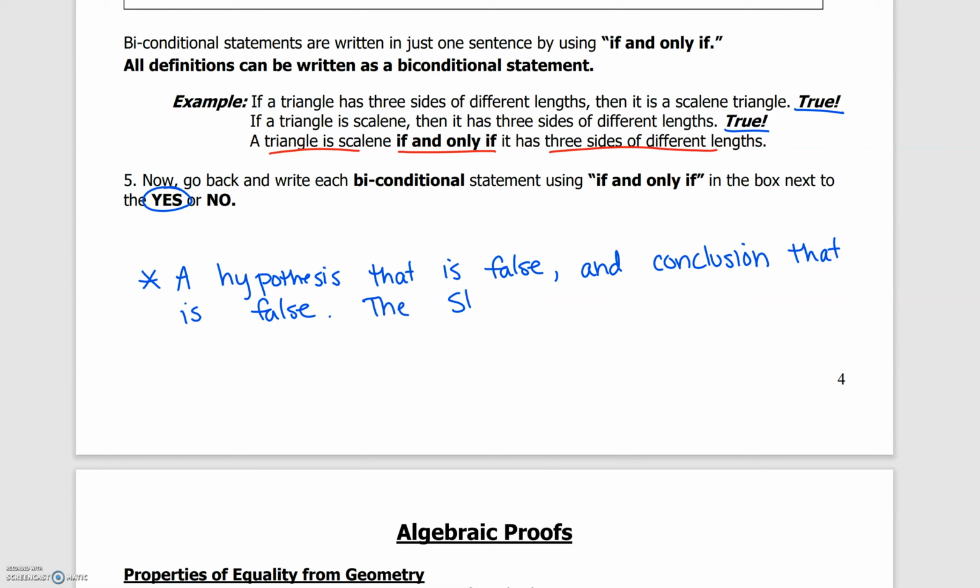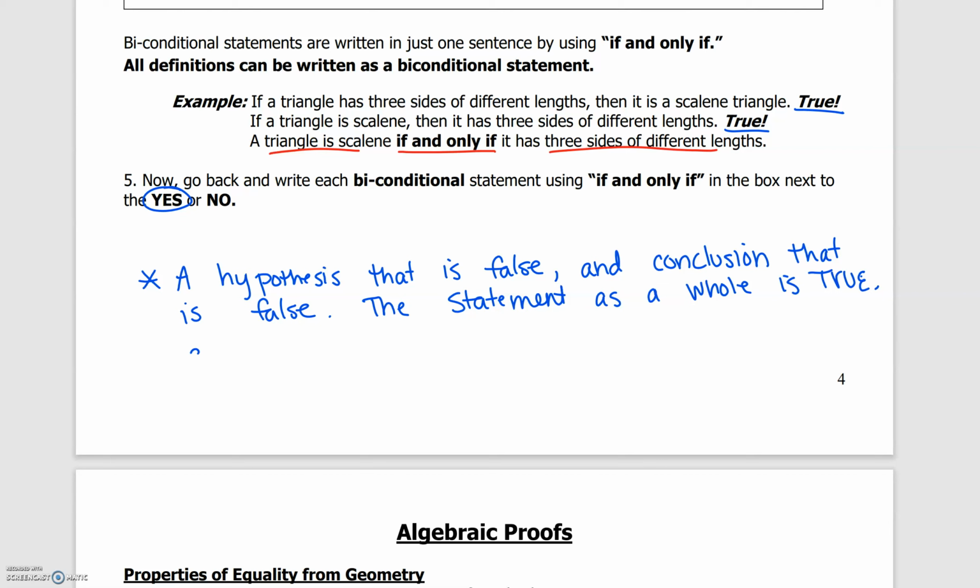The statement as a whole is true. So I always think of it like 2 wrongs don't make a right, but a false makes a true.